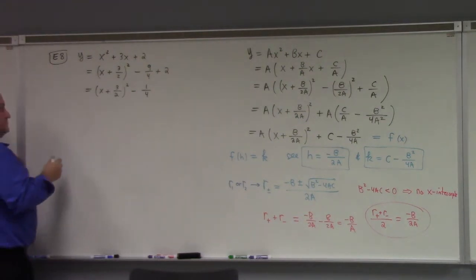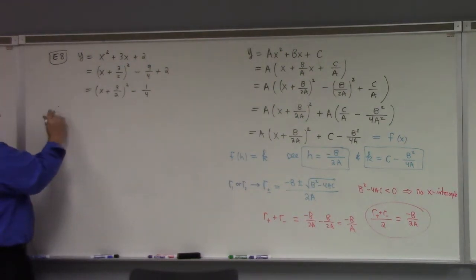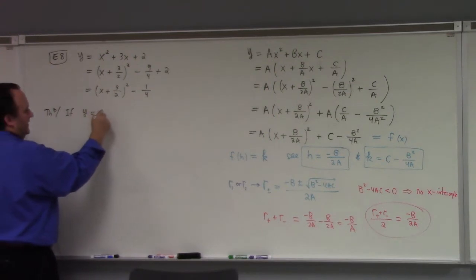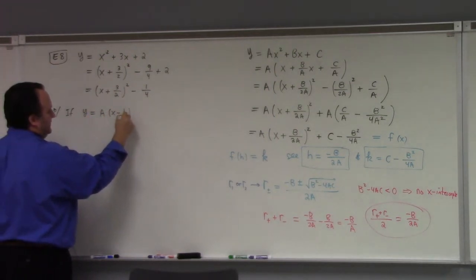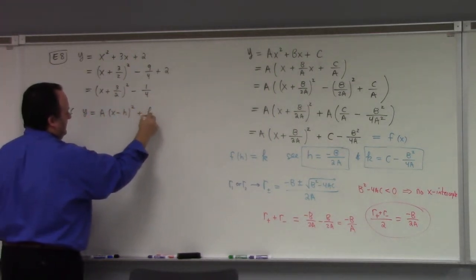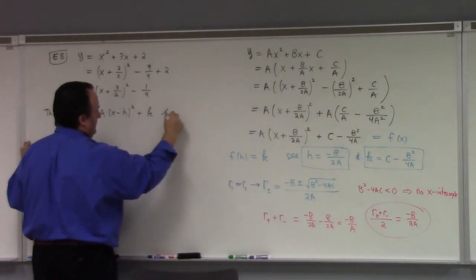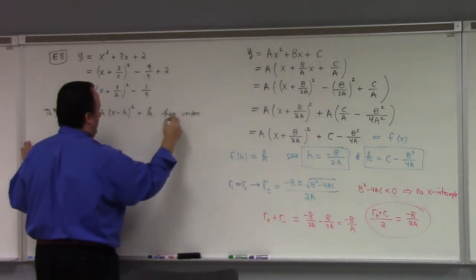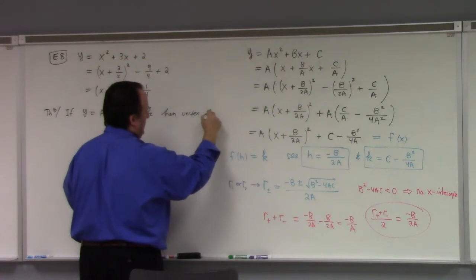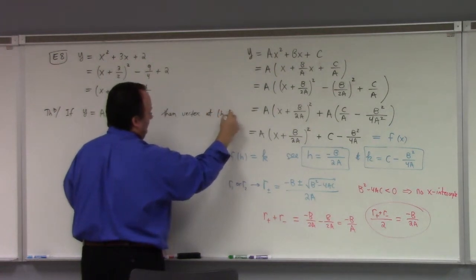So I should mention that theorem, if you like. If y is equal to a times x minus h squared plus k, then the vertex is at h comma k.